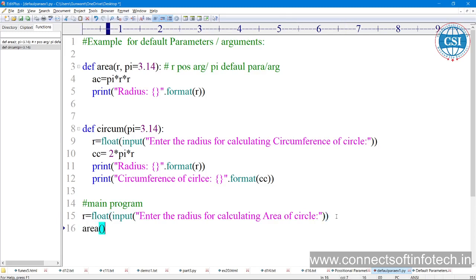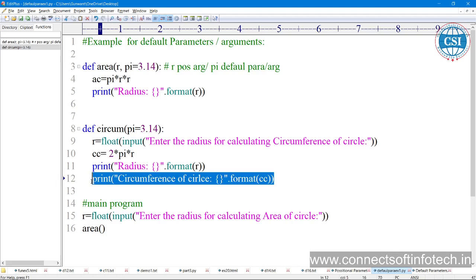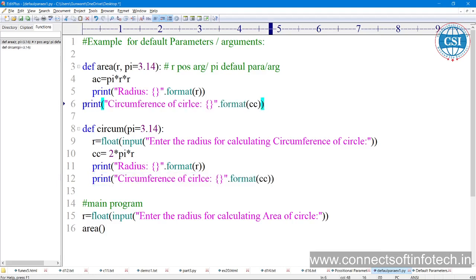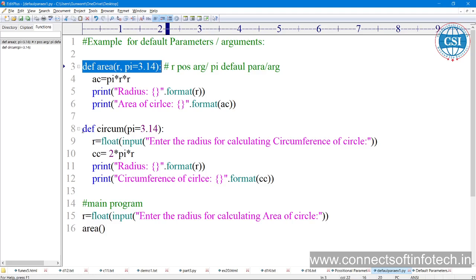Okay, that's it. So now see the flow. Then we need to write here the area of circle is equal to this. Print this here. Okay, area of circle. AC. Okay. There are two functions here. One is area and the other is circumference.